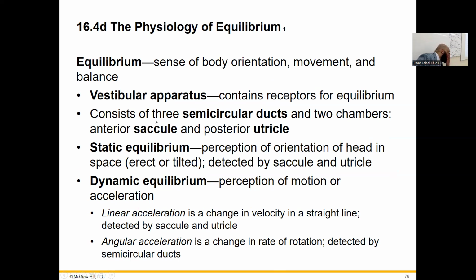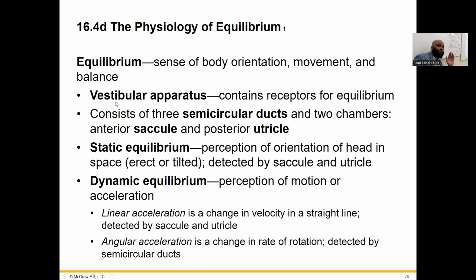And you remember from physics, there is linear acceleration. An example of linear acceleration is when you're running or when you're in the elevator. When the elevator goes up and down, that's linear acceleration. So you're supposed to be able to control your balance when you're accelerating forward or backward, or if you're on the elevator.